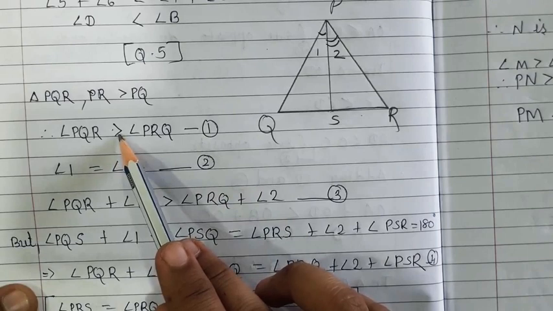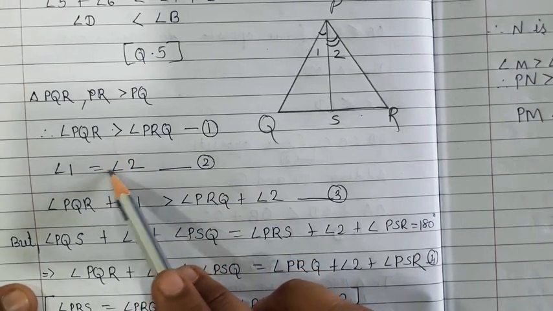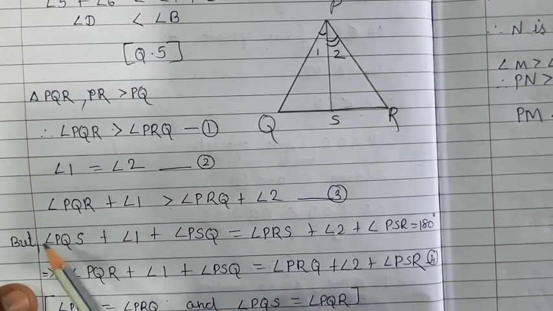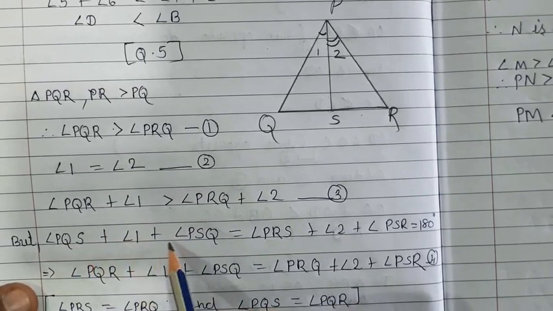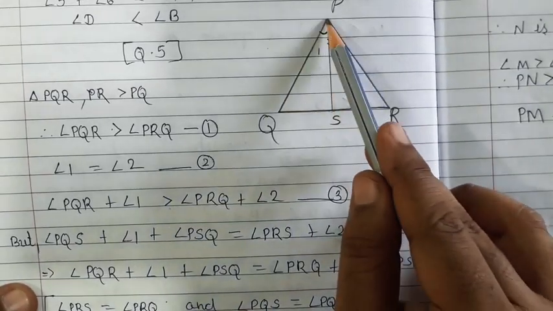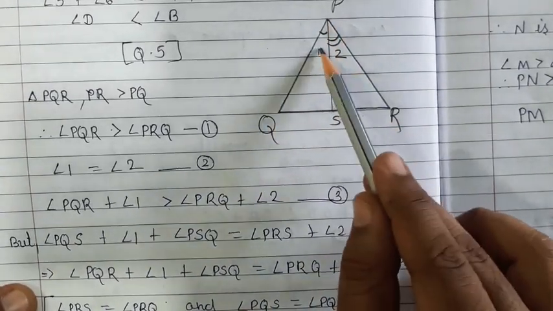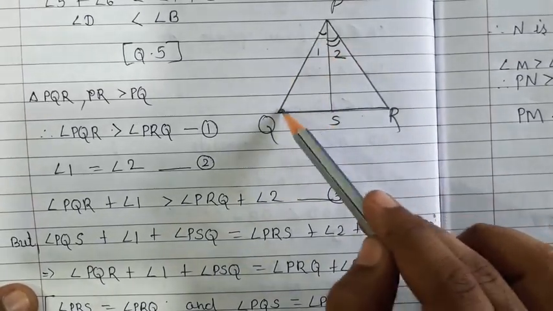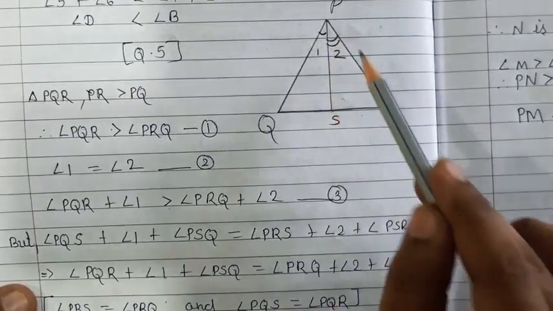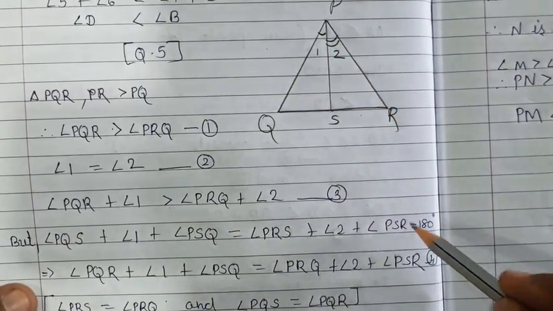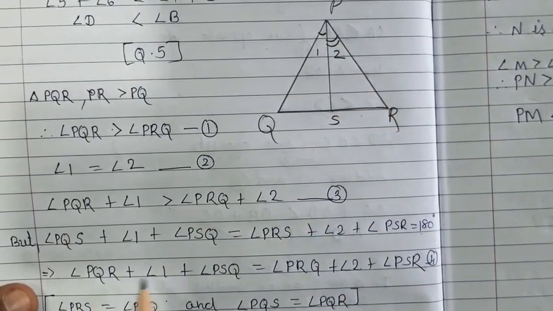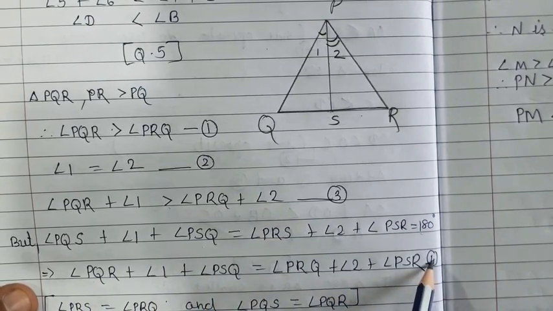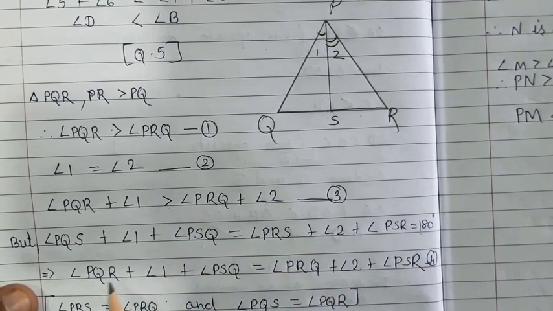Then PQS plus 1 plus PSQ, the sum of these three angles, is 180 degrees. Now PQR plus 1 plus PSQ is equal to PRQ plus 2 plus PRQ. It is equation number 4.